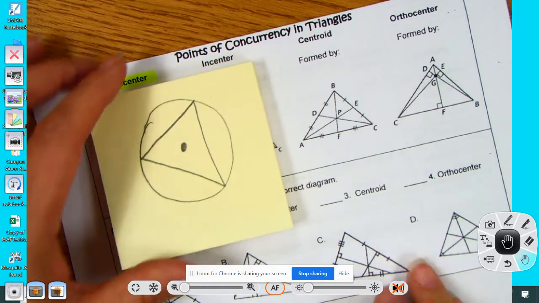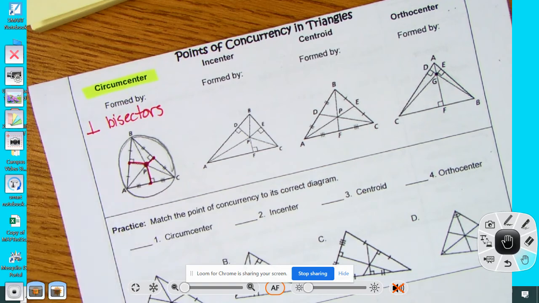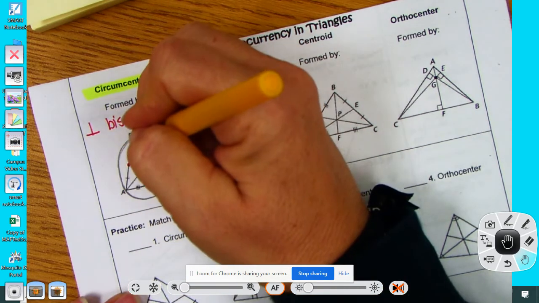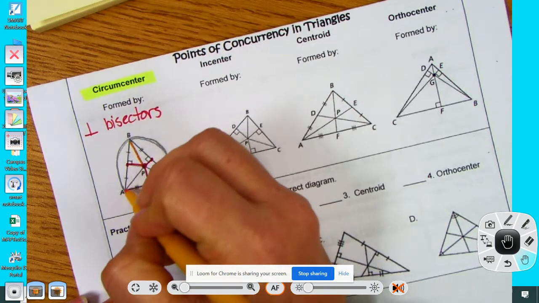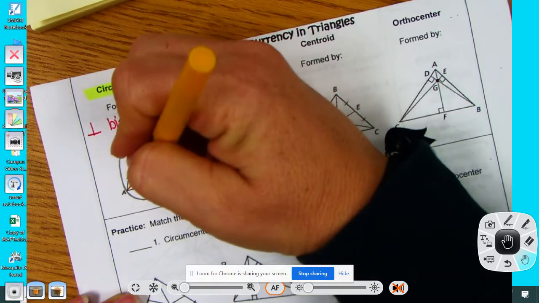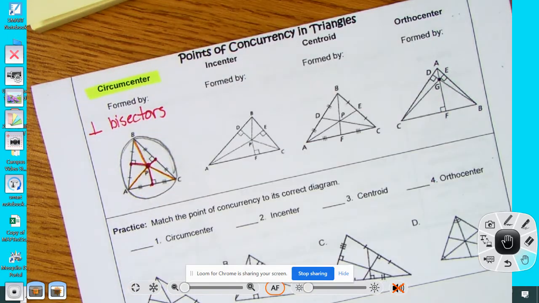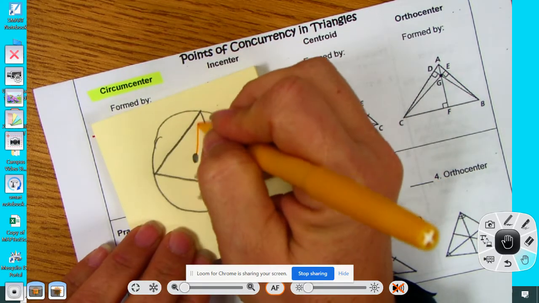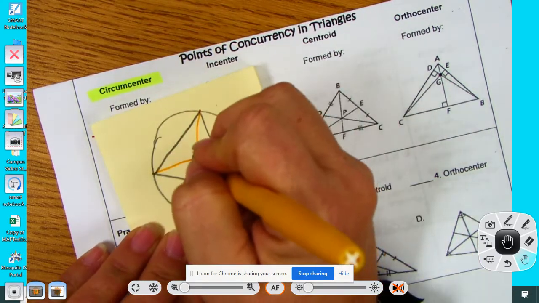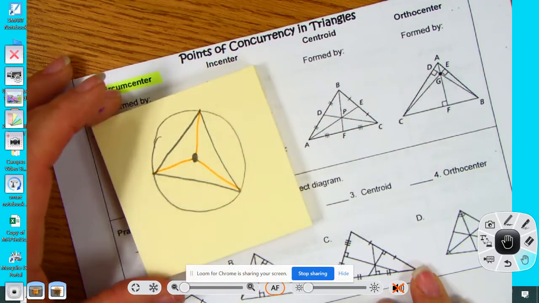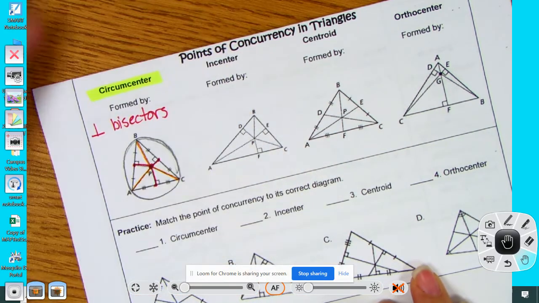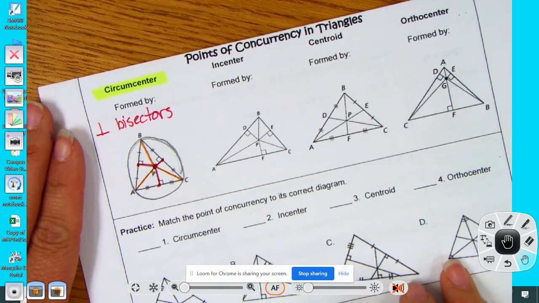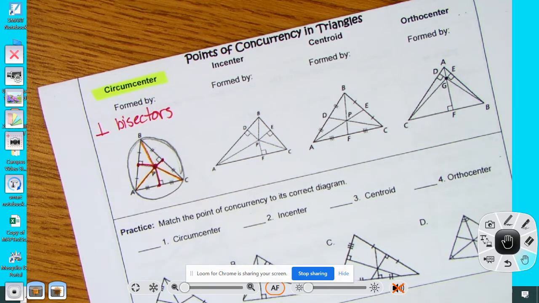If you'll notice, there are these extra lines in here. Those extra lines are the radius of the circle. What do we know about the radius of a circle? We know that the radii of a circle are all equal.